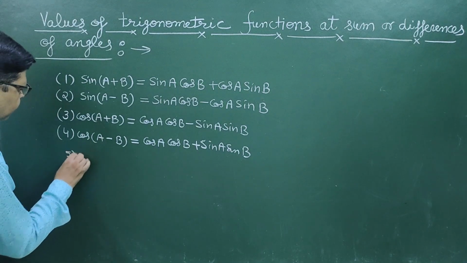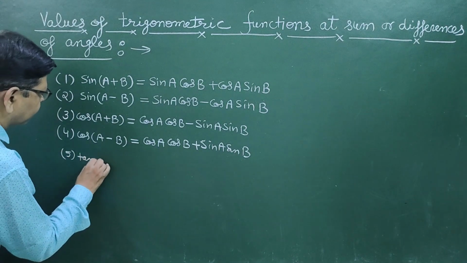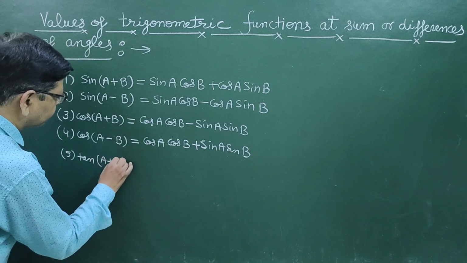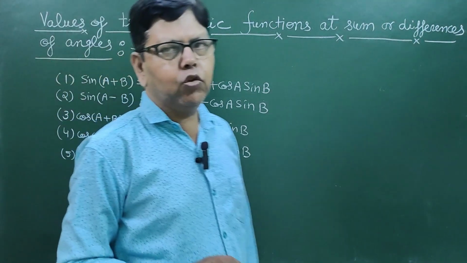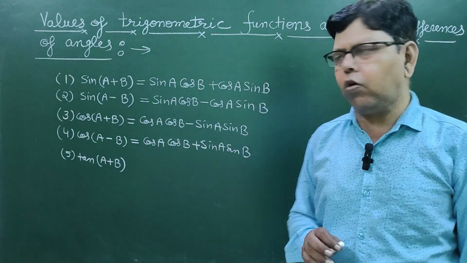Now fifth, tan of A plus B. This formula can be derived by using the formula of sin and cos.